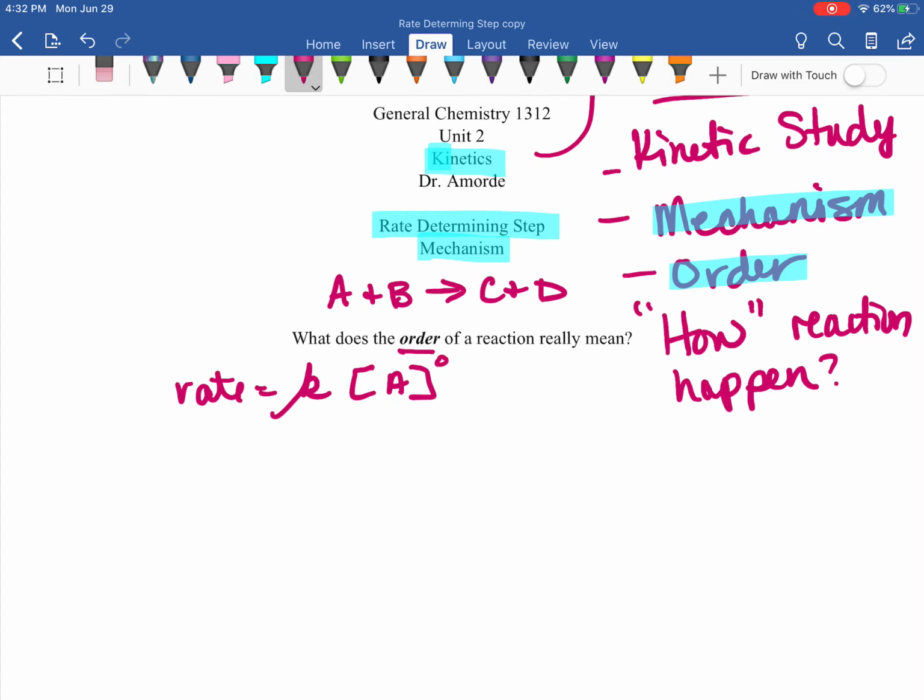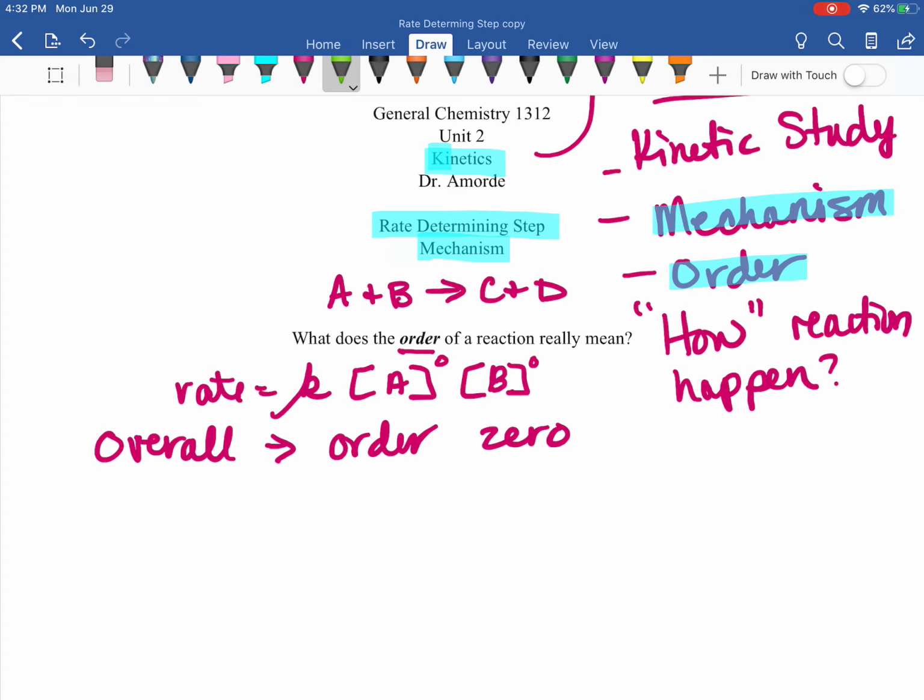We end up with 0. So what does that actually mean? What if we have 0 in both of these or just 0 in one of those? If the order of your reaction is 0, it means that those species are not a step in your mechanism.